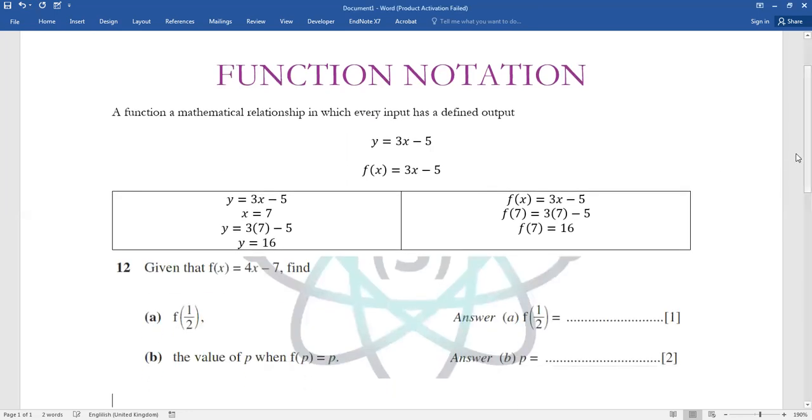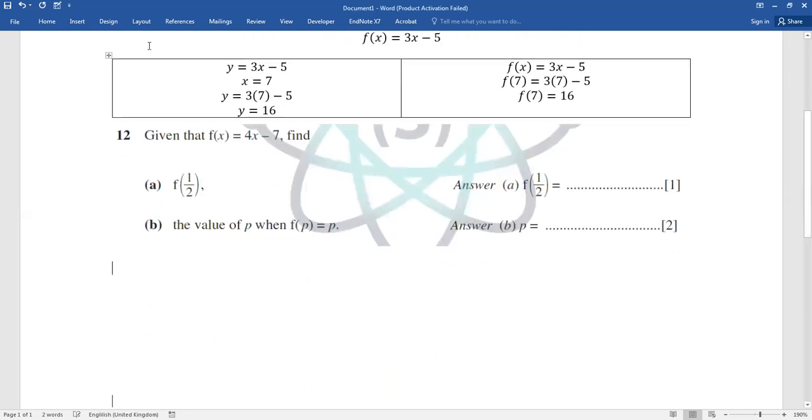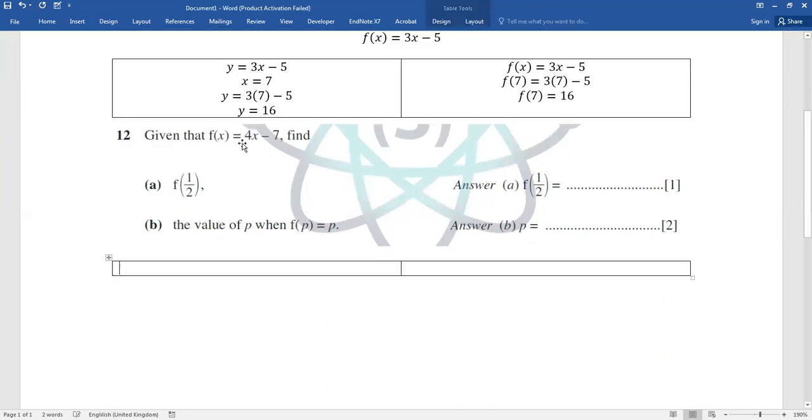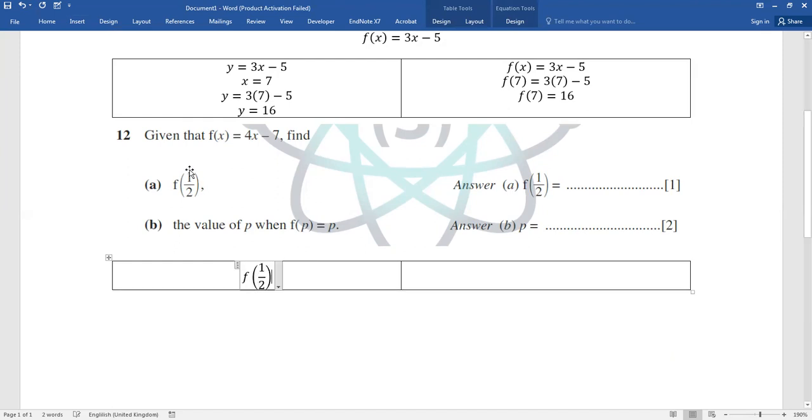Okay, let's have a look at this question. The question provides us with a function f(x) equals 4x minus 7. Find f of half. This is paper 1. I do not expect the 4024 students to use a calculator in this one. Now what is the question asking? वो पूछ रहा है भाई कि अगर half input करें, so what is the output with an input of half?